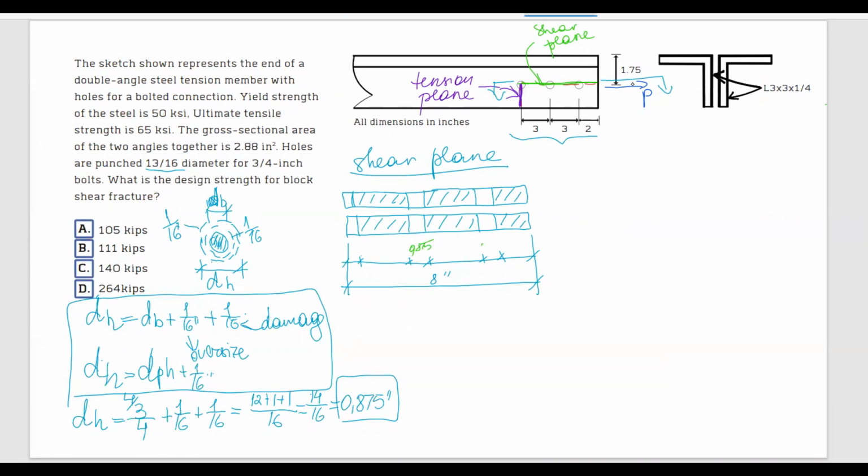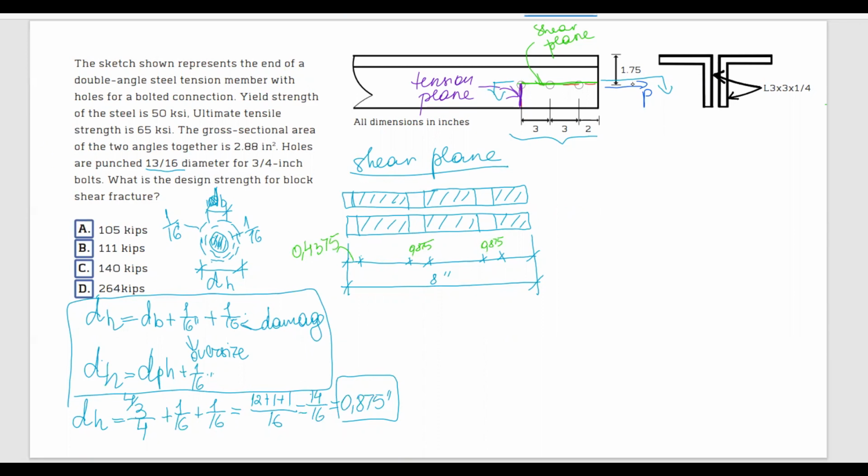So my actual hole diameter that I have to take into consideration in my calculation is 0.875 one time here, and 0.875 another time here. And this is only half of that, so here I have 0.4375. Now we have to figure out these other dimensions.